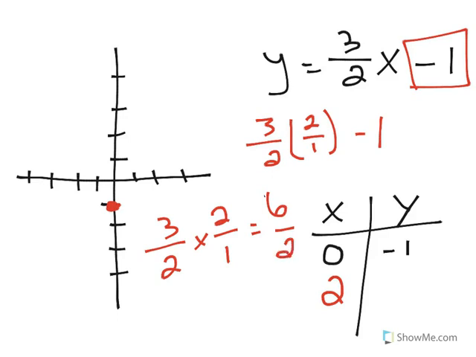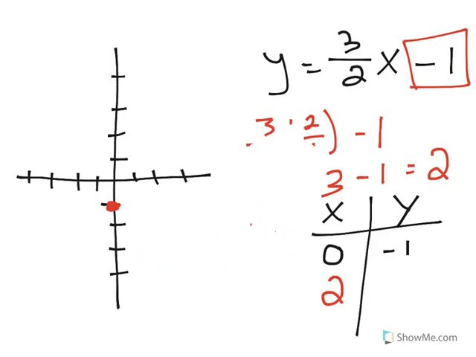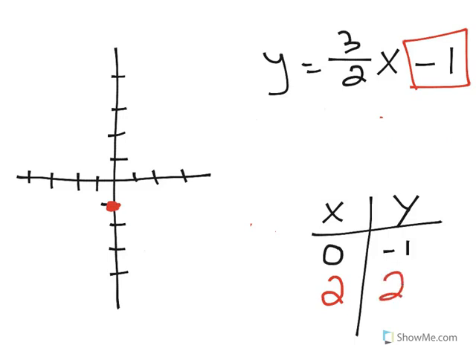And then you divide that. 6 divided by 2 is going to give us a 3. So this next step would be a positive 3 minus 1 gives us a positive 2. So my other point for this line should be at positive 2, positive 2.